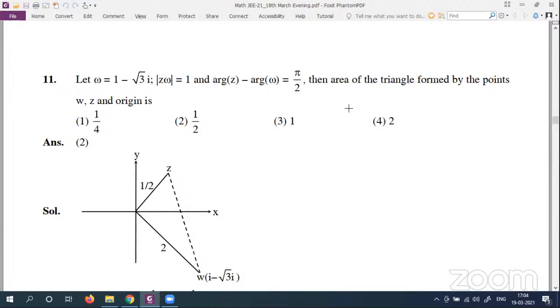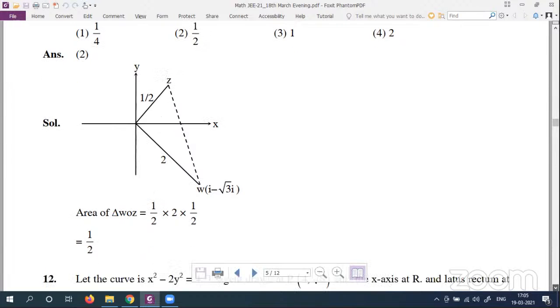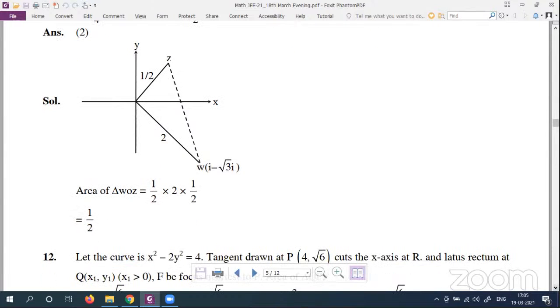So we need to find the area of the triangle formed by the points omega and z and the origin. So we can write mod z into omega as mod z into mod omega. Mod omega is 2, so mod z will become half. And the angle between these two becomes 90, so this forms a right angle triangle. Area will become half base into height. Base is 2, height is half. So the value will become half.